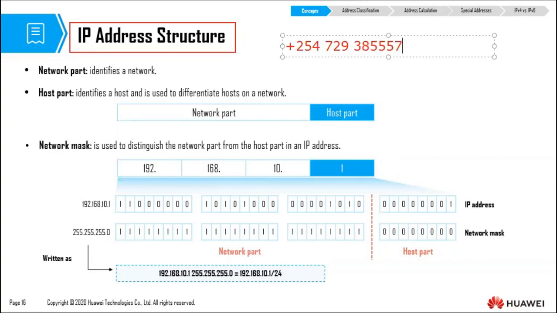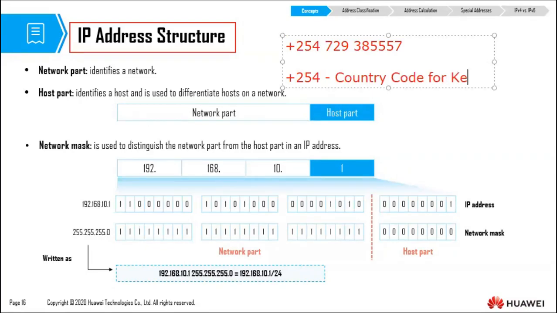So that's my mobile number. Now, what does plus 254 represent? It's called the country code. Specifically, this one is for Kenya.